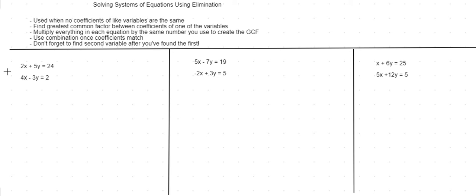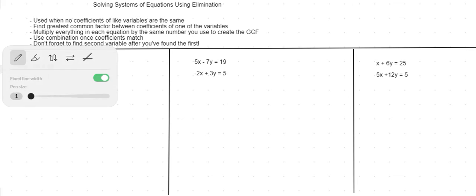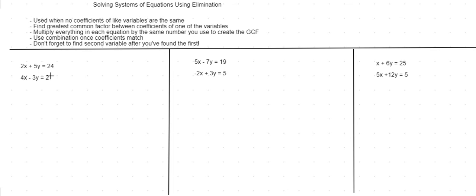Now, this circumstance that you're looking at here would be when you notice that the smaller of one of the coefficients of one of the variables is already a factor of the coefficient of the same variable in the second equation. Now, when you encounter something like that, what you're basically going to do is you only have to change one of the two equations, the one with the smaller coefficient.